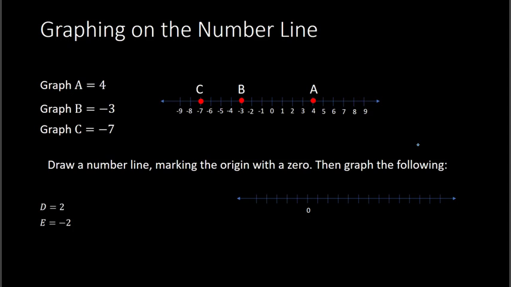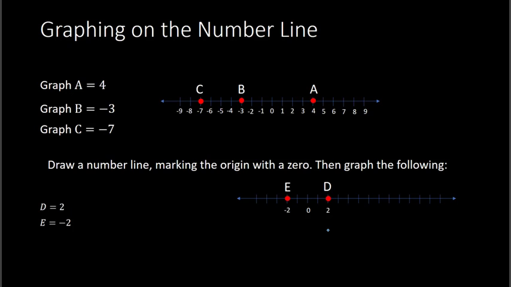Point D is at 2, so if we go over 2 this way, that is +2, and that is where our point D would be located. For -2, we go the other direction 2 places to get right here, and that gives us our point E, and we just put a point there to represent that. So number lines are pretty straightforward. You just have to make sure you have the 0 there and then at least the points that you're plotting.